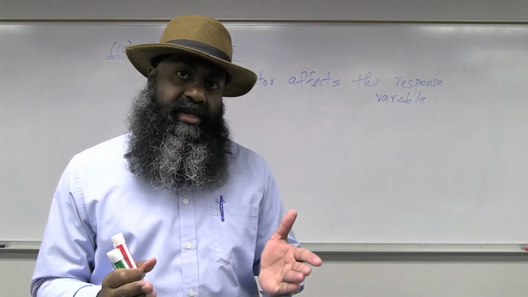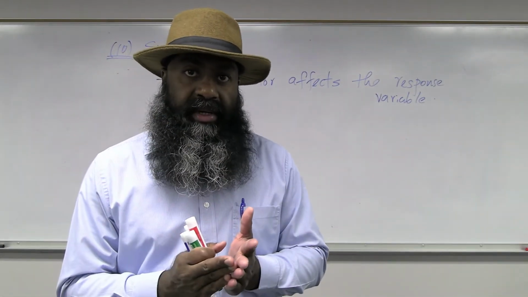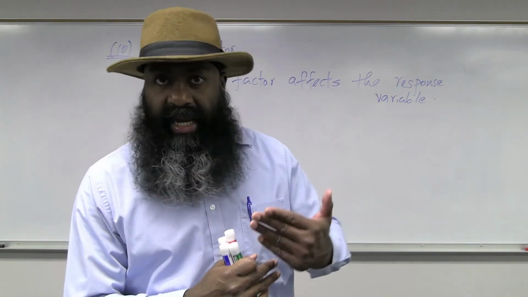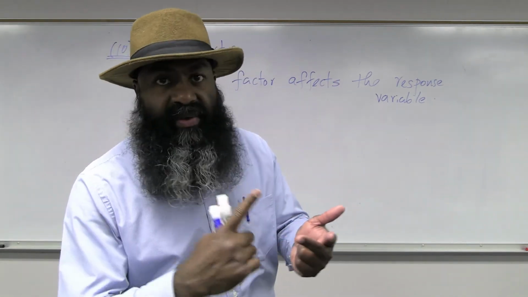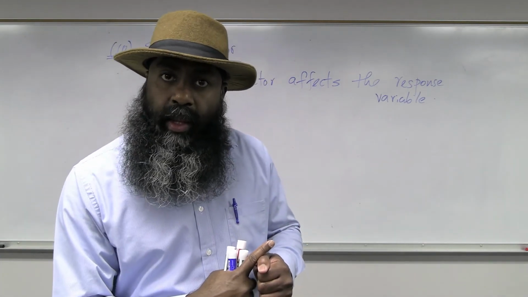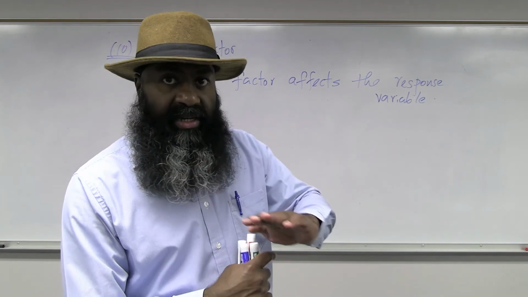In that situation, it's a single factor experiment. I can design, let's say, 4 or 5 spindle speeds, maybe 100 RPM, 150, 200, 250, and 300, and I'm going to measure the surface roughness.